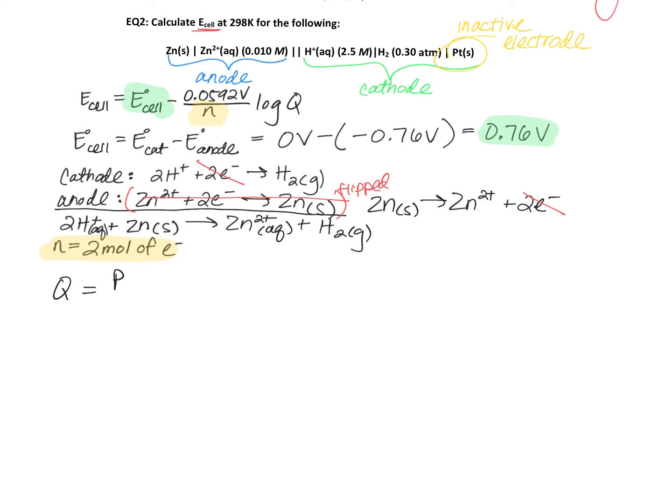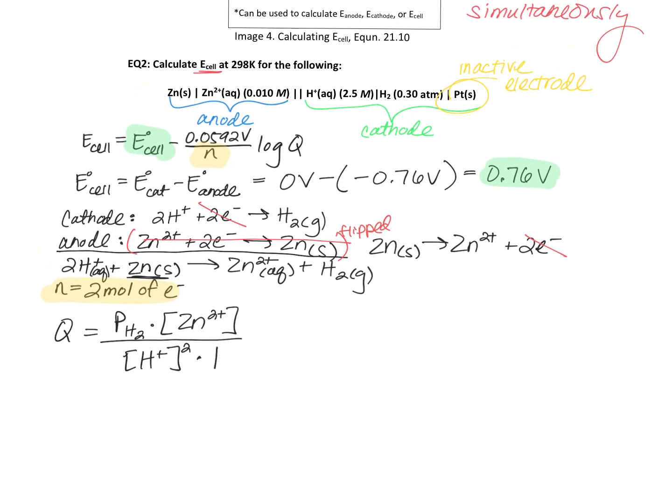It would be pressure of H2, since it's a gas, times concentration of Zn2+ over the concentration of H+ squared, times 1 because we have zinc solid. Okay, that 1 stands for zinc solid. All right, so let's plug in the values that we see up top. So what about pressure for H2? That's 0.30.